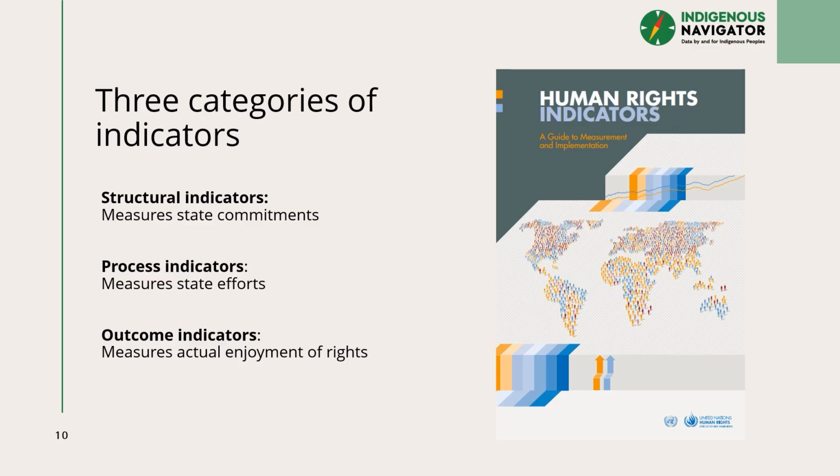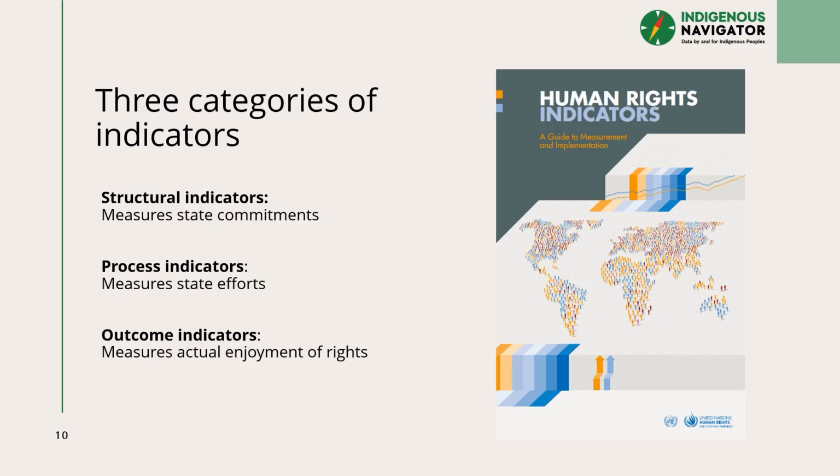Structural indicators measure states' commitments in the form of legal, institutional, and policy frameworks that support the realization of rights, such as laws recognizing indigenous lands and territories. Process indicators track state efforts and actions to implement these commitments and rights, such as procedures for the identification, demarcation, mapping and registration of indigenous peoples' lands and territories.